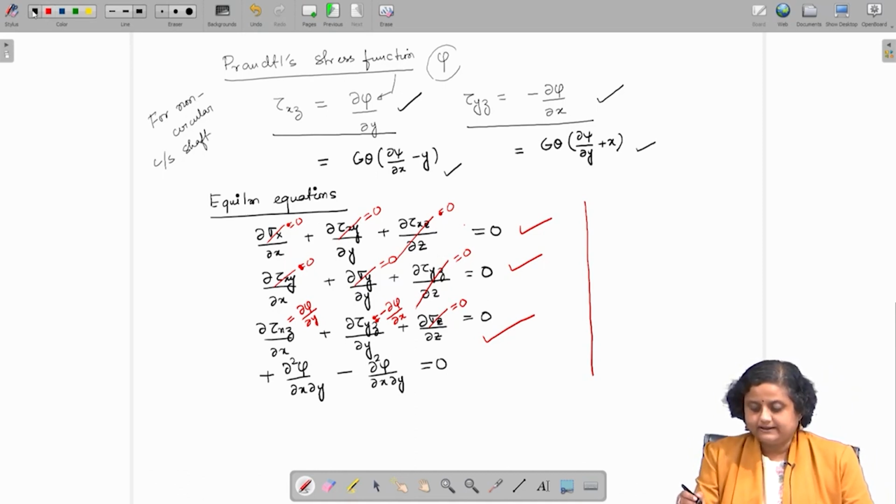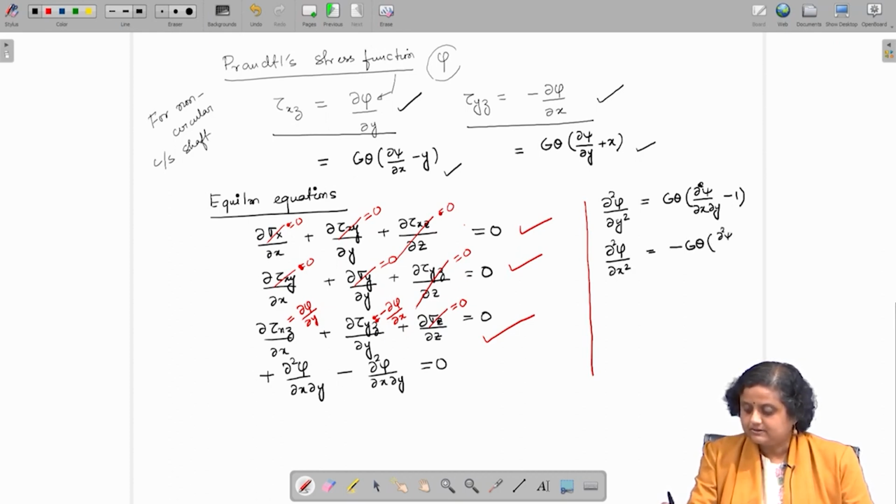We can say that del 2 phi by del y square can be written as G theta into del 2 psi by del x del y minus 1, and del 2 phi by del x square can be written as minus G theta into del 2 psi.